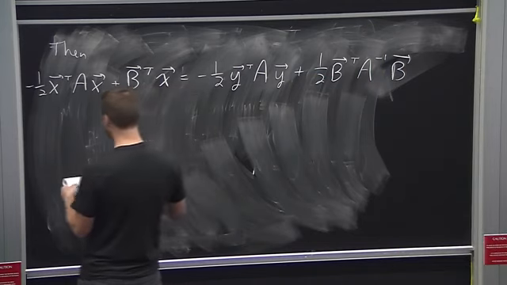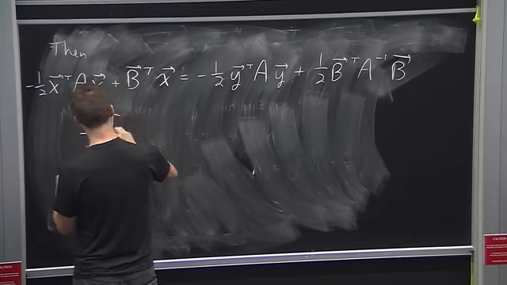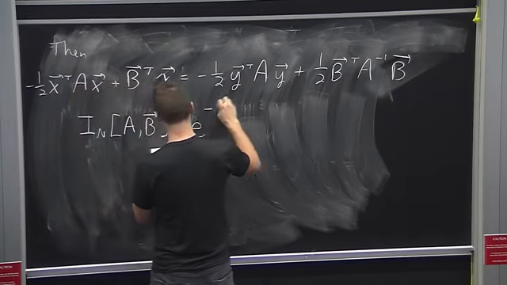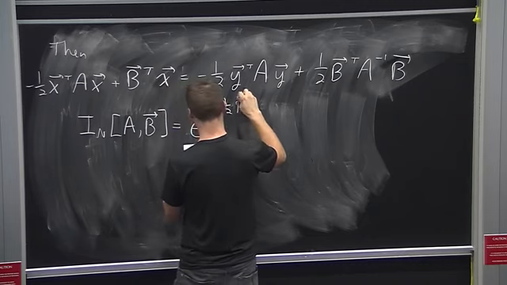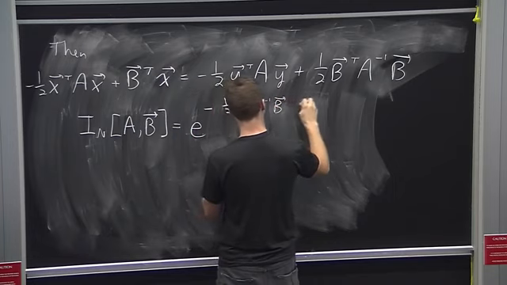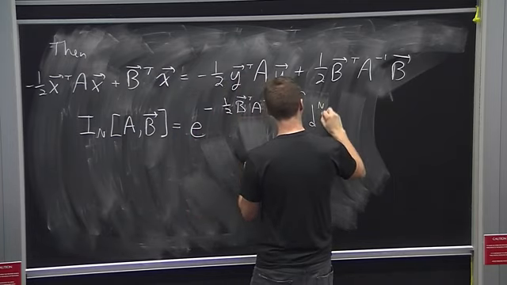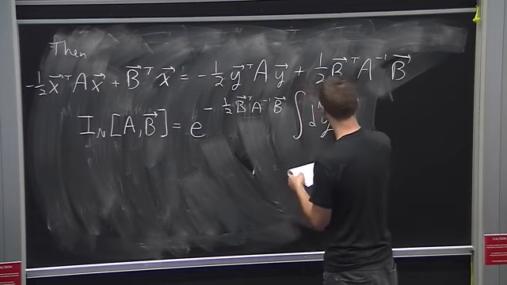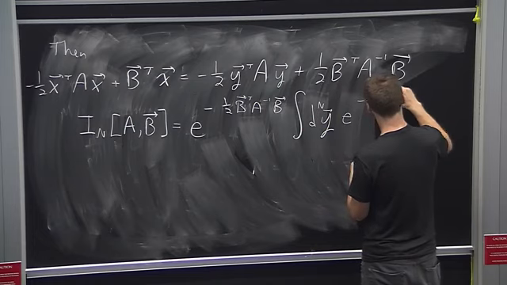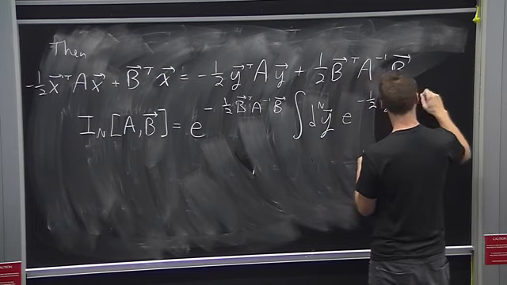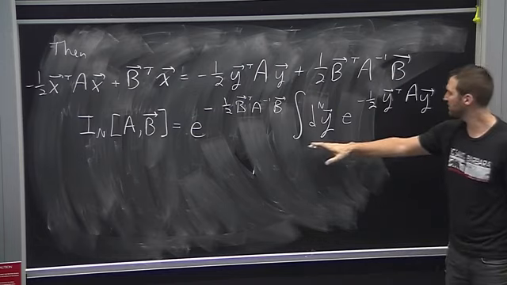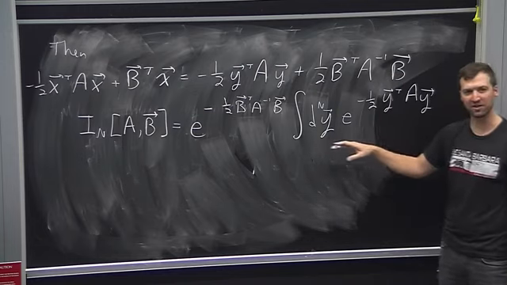So change the variables, complete the squares. My integral is now, you can see that term coming out front, and the remaining integral over variables y. We need to be able to solve this, which is our Gaussian integral, just like we did last time.